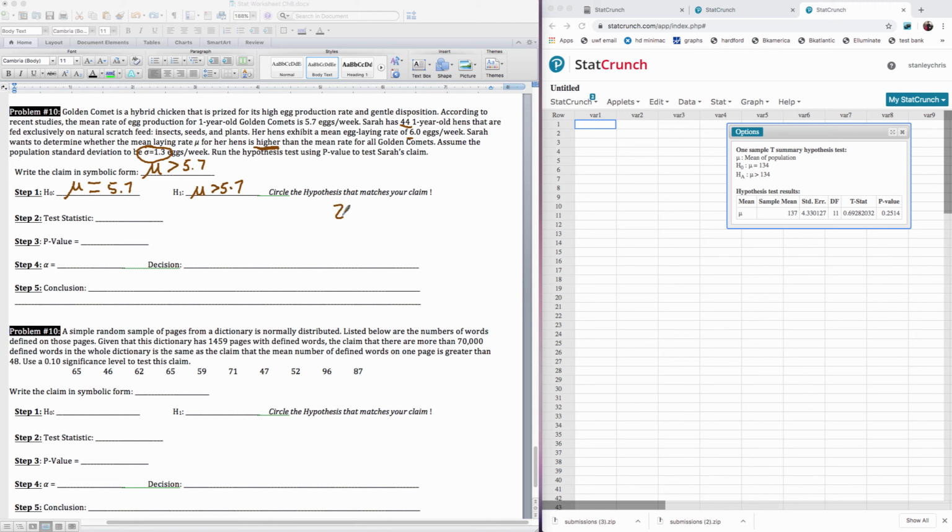It's going to be a z-stat if it's sigma, and a t-stat if it's s. Now s would have come from the SD of these 44 hens. And this sigma is the standard deviation of all these Golden Comets. So we need to be doing a z-stat. That would look like this, z equals.